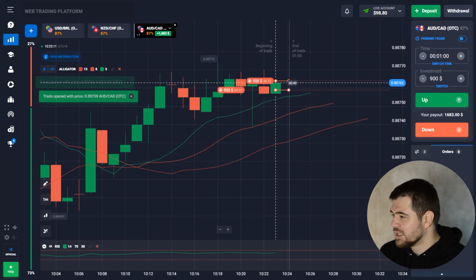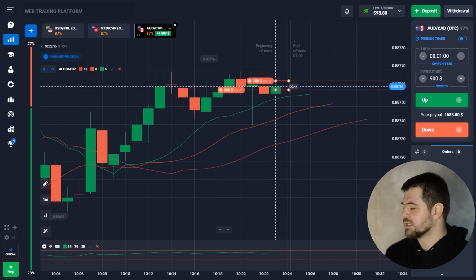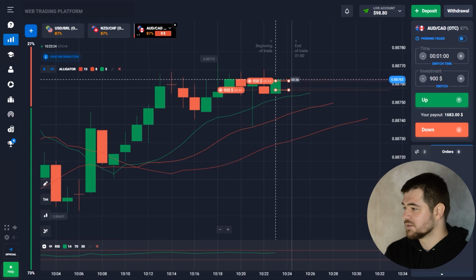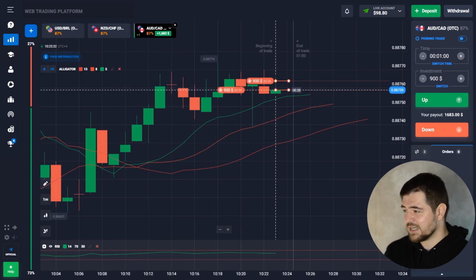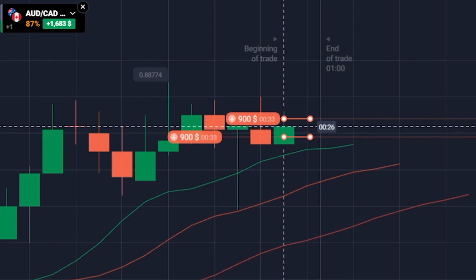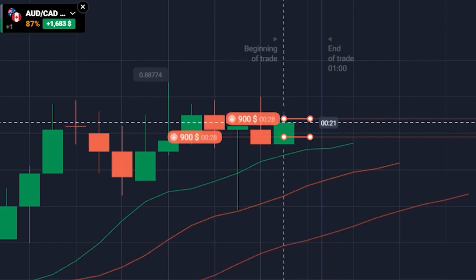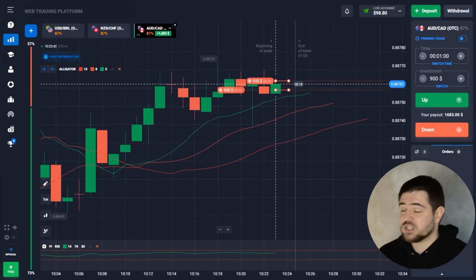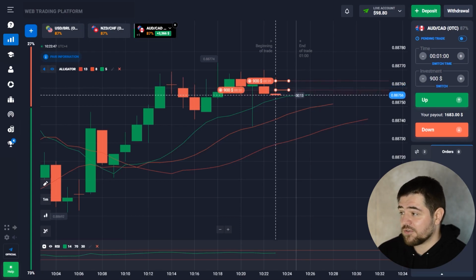So let's try out this situation. So we have the levels of support, which I kind of think we're gonna try and break through, considering the situations that we just saw on the graph.